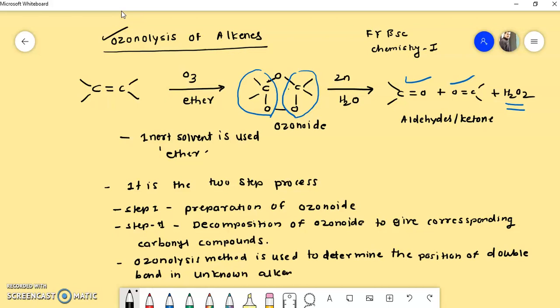So this is the general information about ozonolysis.